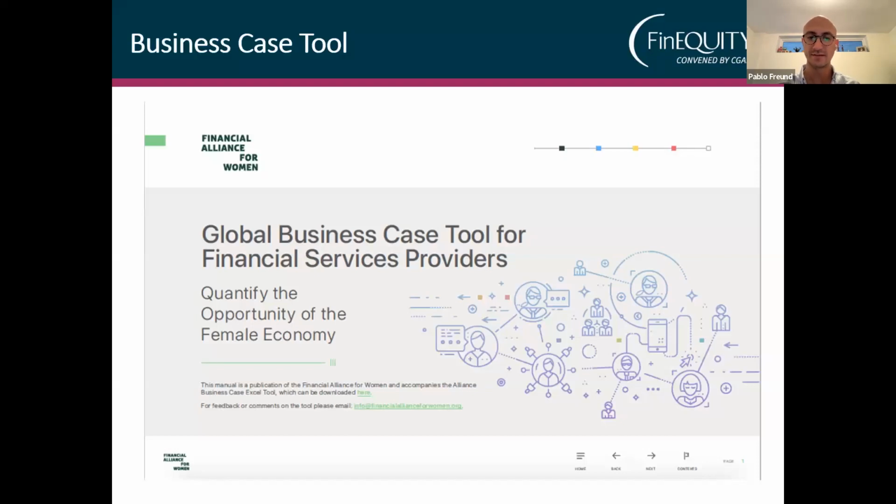And that's what this tool provides all of the users and the financial service providers: a mechanism whereby the relevant data for making the internal case is all in one place. So I'm going to go through really quickly how the tool works. And hopefully this resource will be useful to our viewership in their own journey in developing their internal business case to serve the women's market.